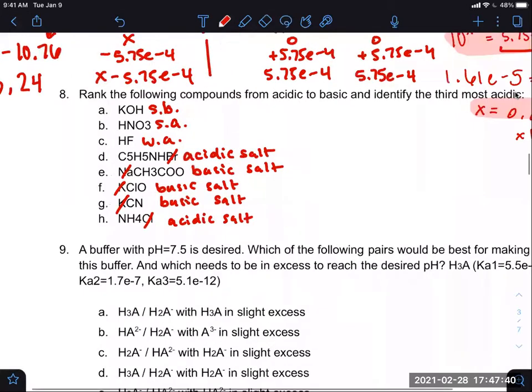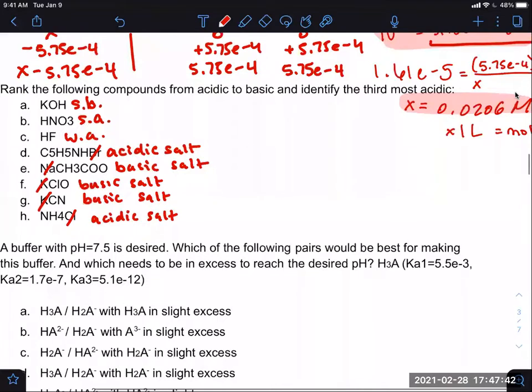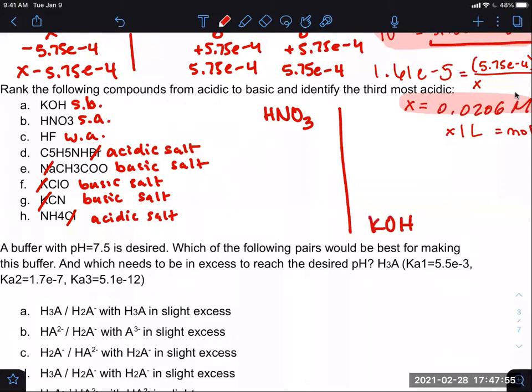Now I'm going to separate them and put them in different categories, okay? We already know HNO3 is gonna be the most acidic one, so put it at the top. And I already know KOH is gonna be the most basic one. So my order is kind of going like this in terms of acidity. But first, I'm not gonna put them in order because I don't know which one's which yet.